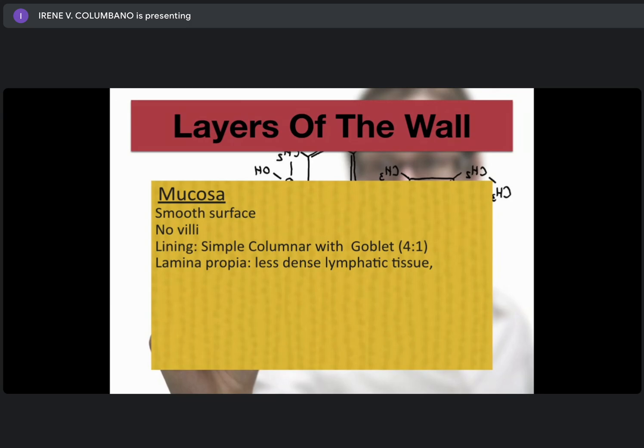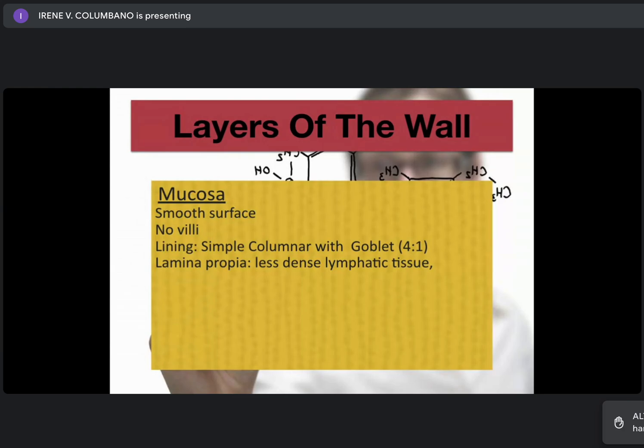Andiyan pa po kayo? Wala na. Sa sino makakasagot nito? May plus. From stomach down to large intestine, ano ang lining epithelium? O, diba may plus? Ang bibilis. Alonso.